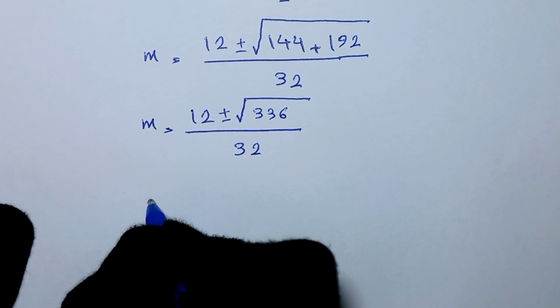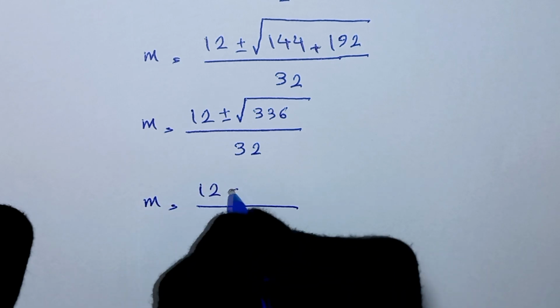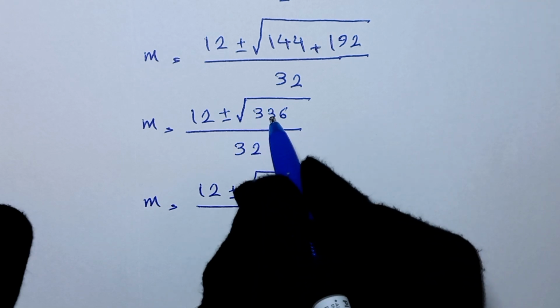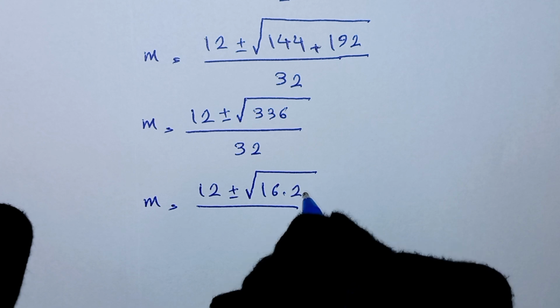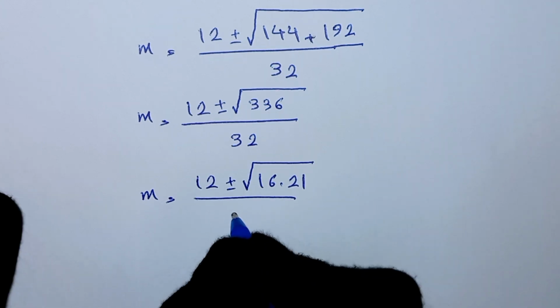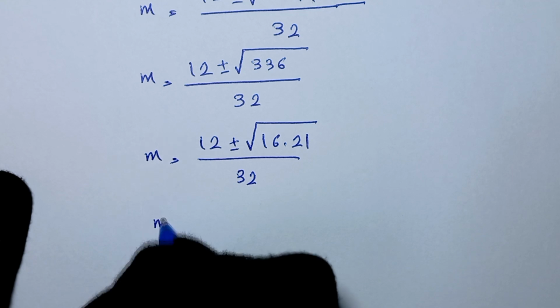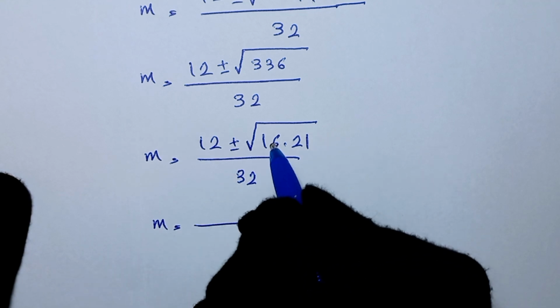And next step, it will be m is equal to 12 plus or minus square root of 336. We can write this as 16 times 21 over 32. And it will be the square root of 16 is 4.